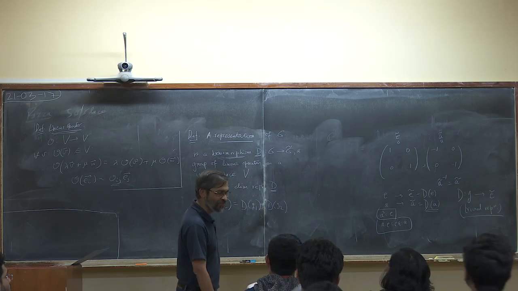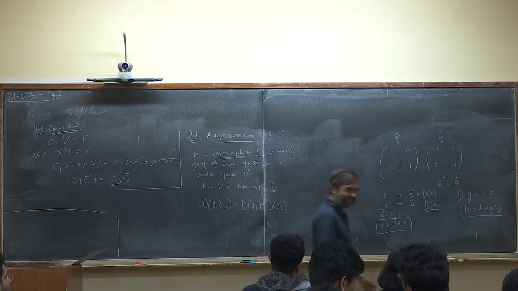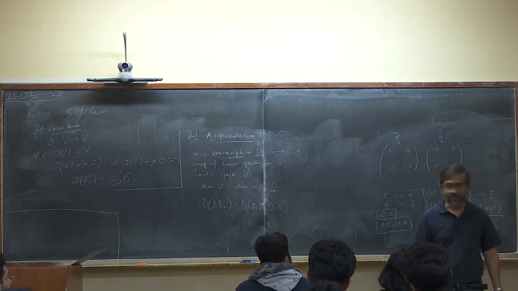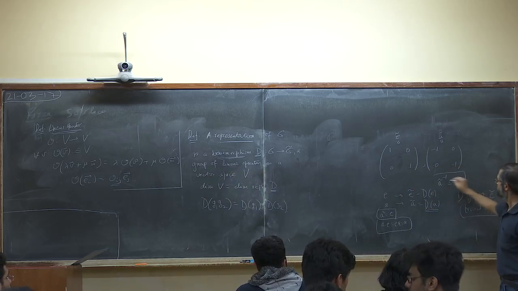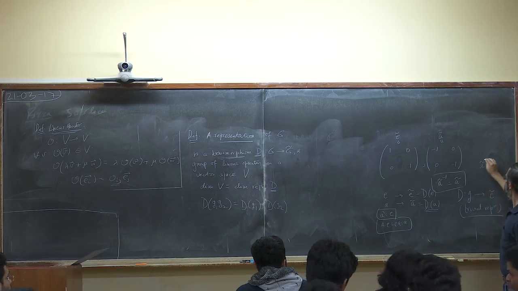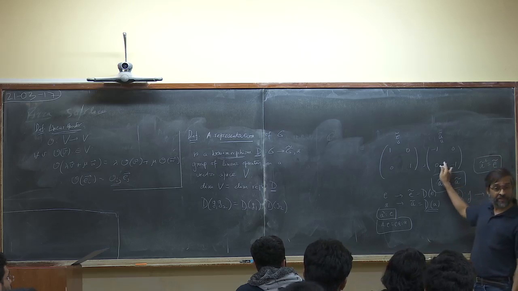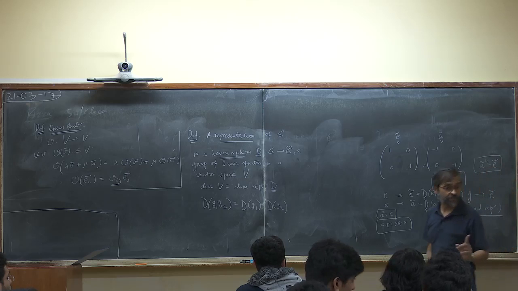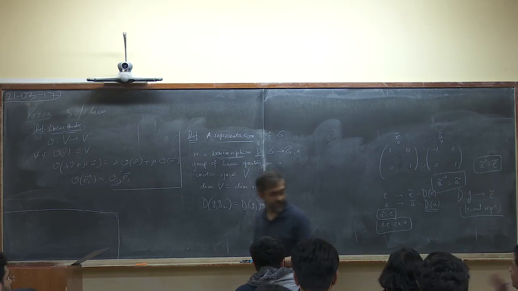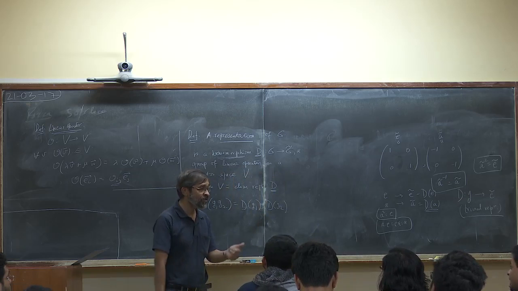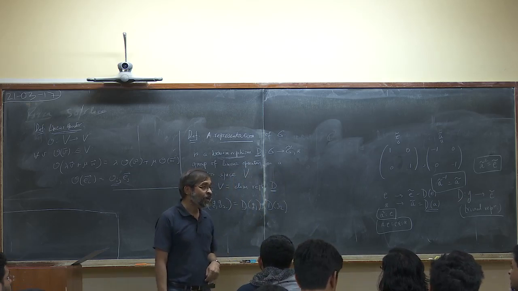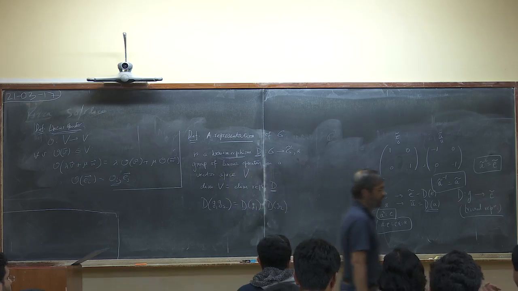Any two member group is isomorphic to Z2, with this multiplication table. Any two member group will have the same multiplication table. But they have to be operators on a vector space. What I'm saying is that any two member group is Z2, so it has to satisfy A squared equal to E. That's right.